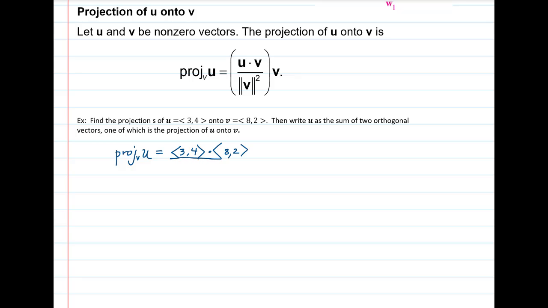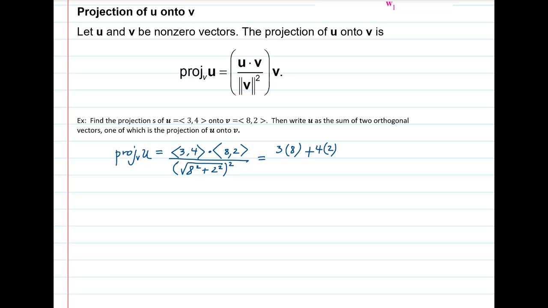The projection is equal to the dot product of the two vectors, (3, 4) and (8, 2), all of that divided by the magnitude of v. Very important that you don't mix these two vectors up. We want the magnitude of v, not u. So the magnitude of v is the square root of 8 squared plus 2 squared, and we're going to square all that.